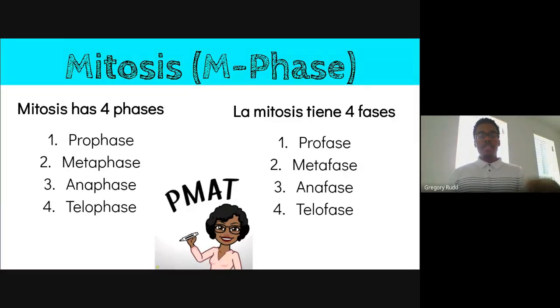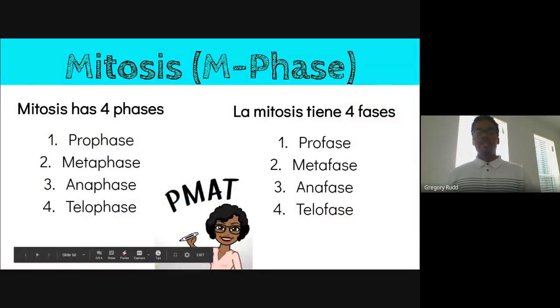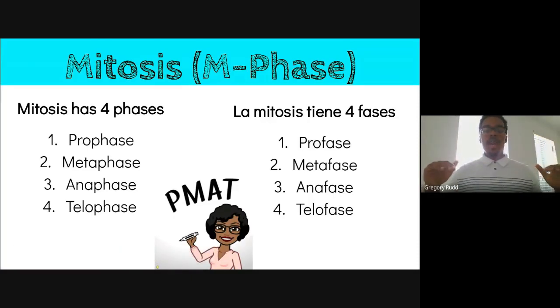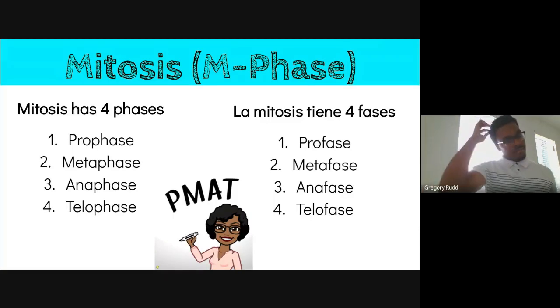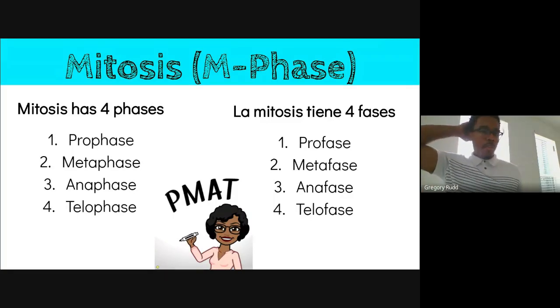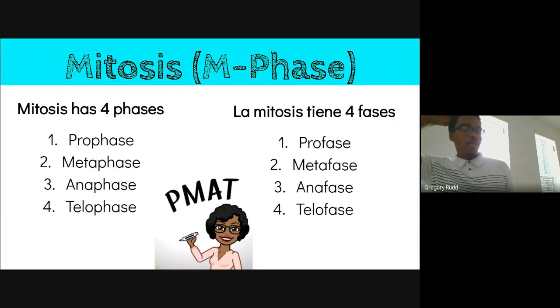I is interphase, then prophase, metaphase, anaphase, telophase, and then cytokinesis. And they came up with this acronym, I play music at the club. But you can come up with your own if there's something else that you can think of that's helpful to you that will help you remember the steps. That's really one of the stronger skills of a strong student.